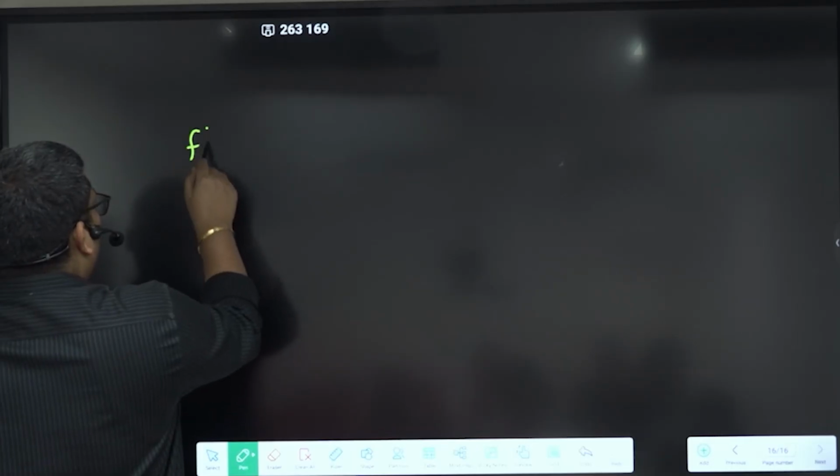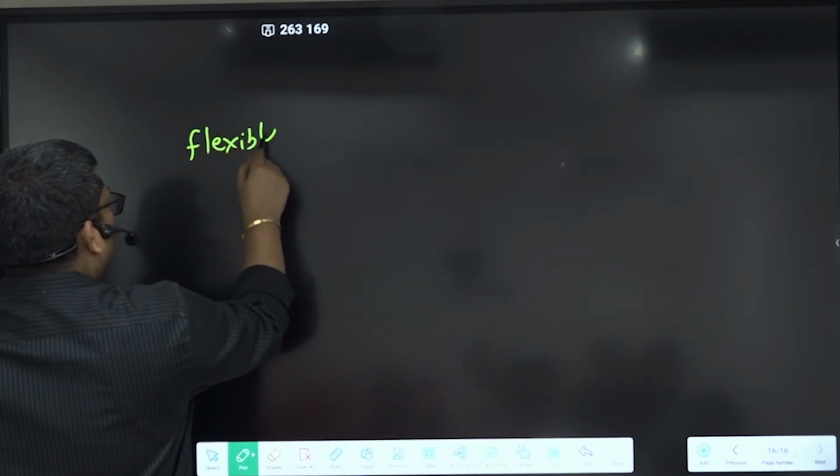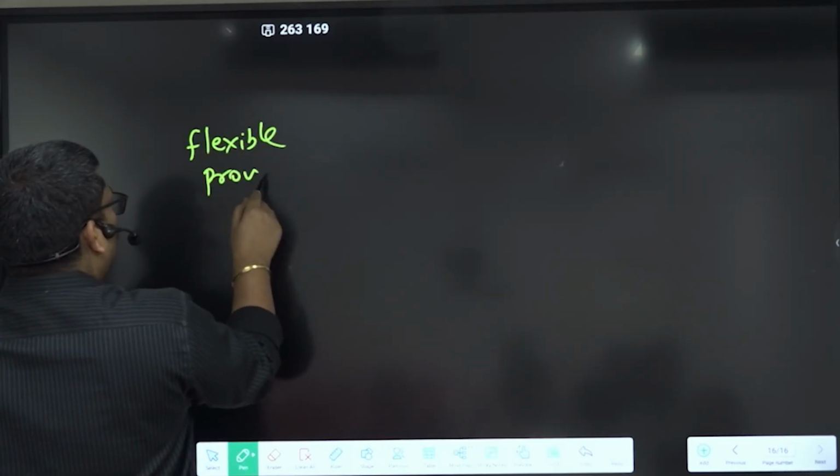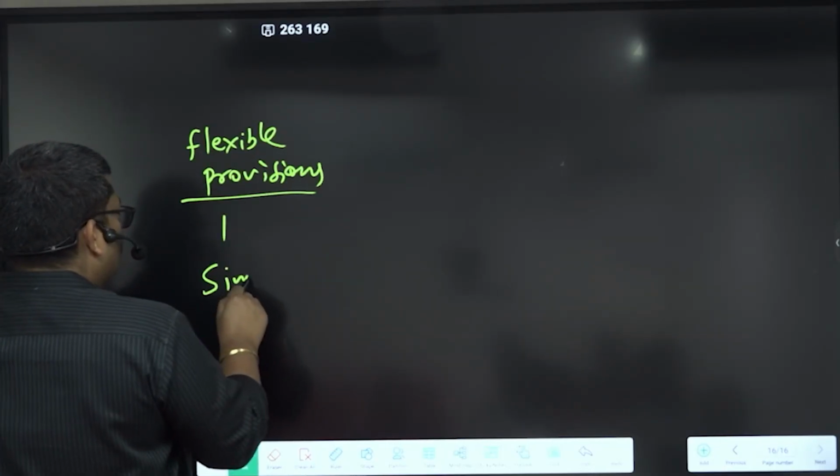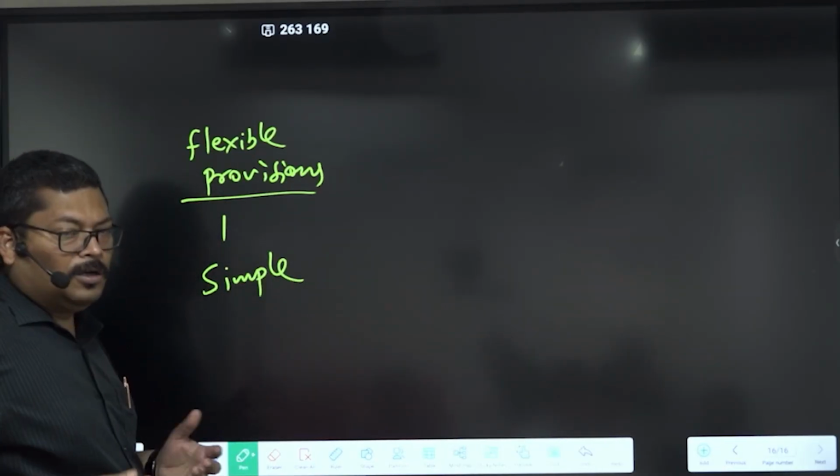So look. So to amend flexible provisions, which kind of majority is employed? Simple majority. Simple majority is also called ordinary majority.